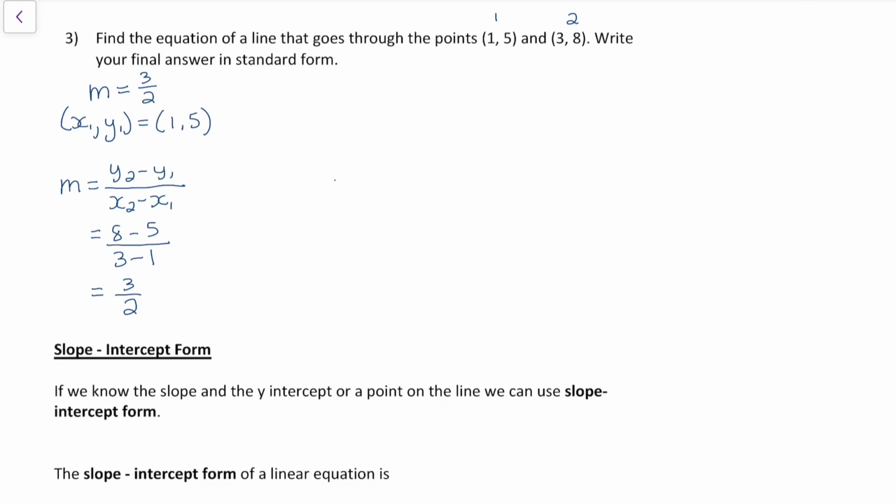Now that I know those two bits of information, I'm going to put that into my point slope formula. So I get y minus 5 equals 3 over 2 times (x minus 1). I'm going to expand my bracket. Remember, the 3 over 2 applies both to the x and the -1.